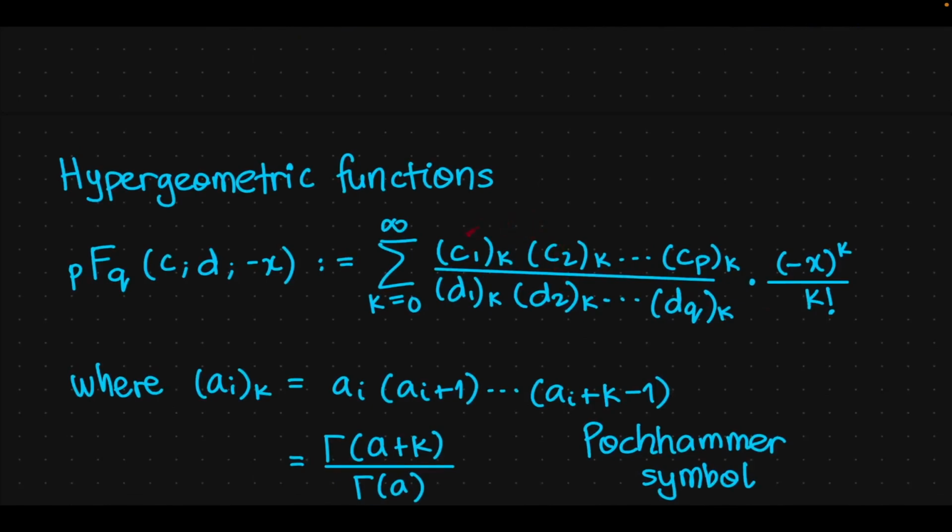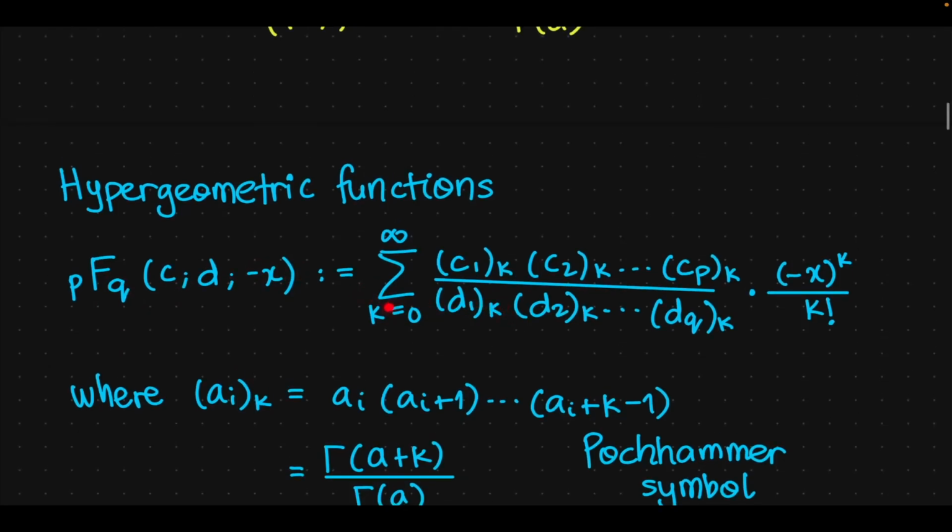So let's define pFq of c semicolon d semicolon minus x to be, and this is the standard definition using infinite series, the sum from k equals 0 to infinity of c1 sub k, c2 sub k, up to cp sub k. So the p is for how many of these c coefficients there are in the numerator, divided by d1 sub k, d2 sub k, up to dq sub k.